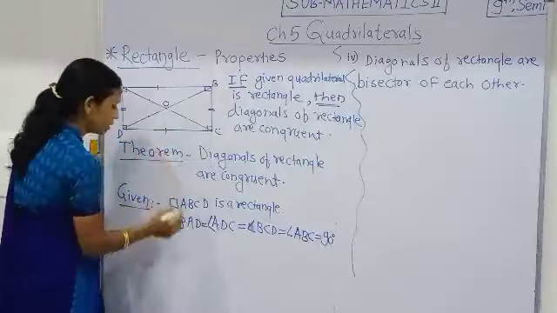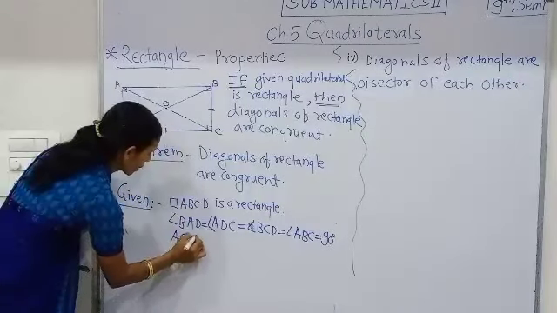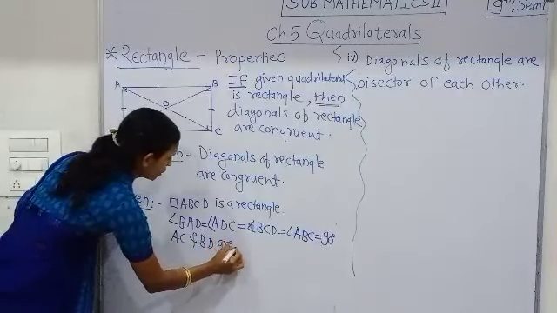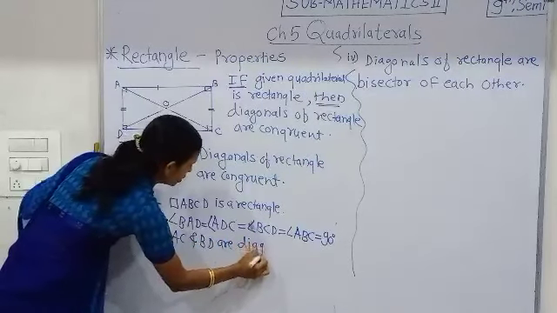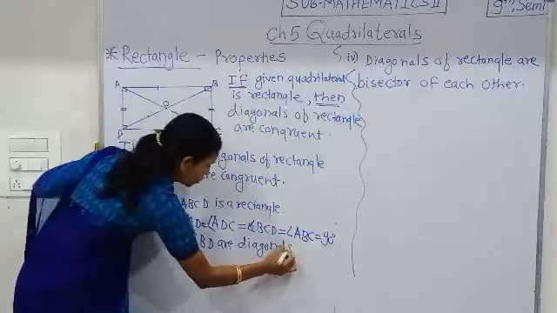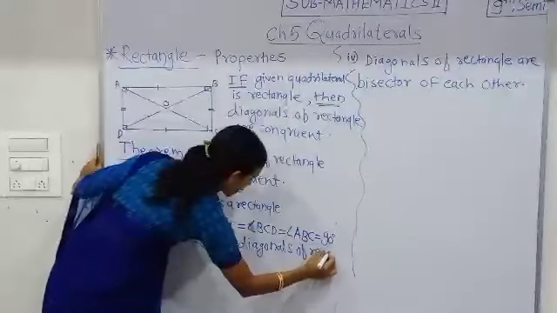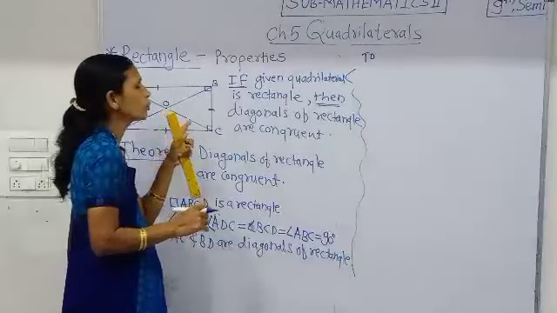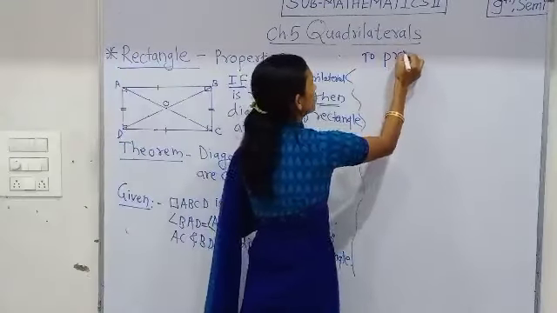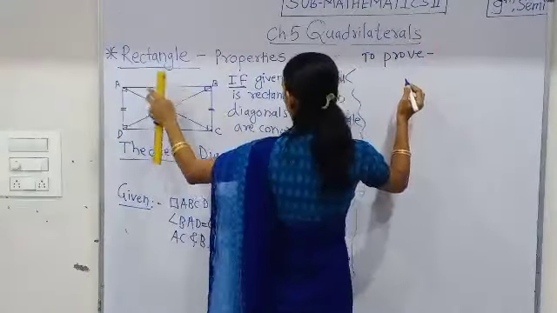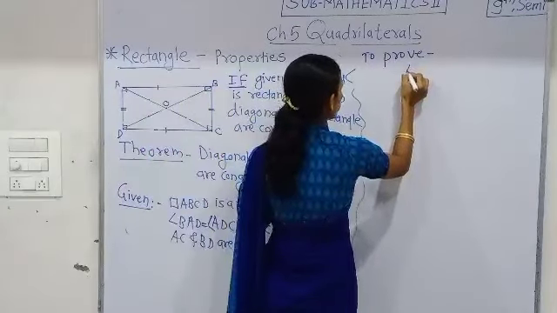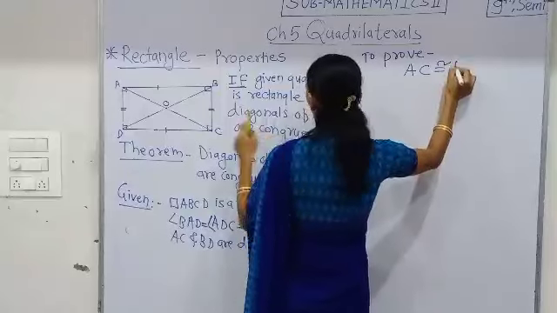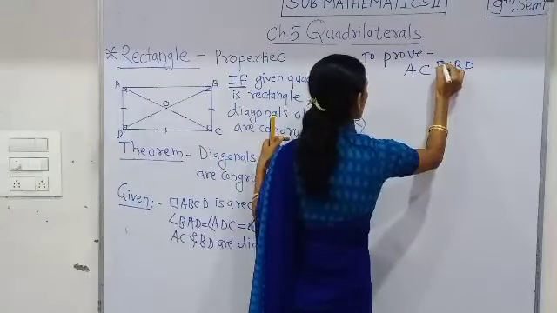Diagonals which are given here, that is AC and BD, are the diagonals of the given rectangle ABCD. Then we have to prove that diagonals of a rectangle are congruent. Therefore, AC congruent BD.